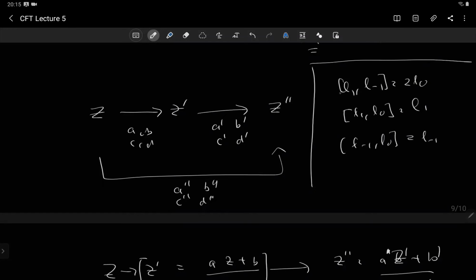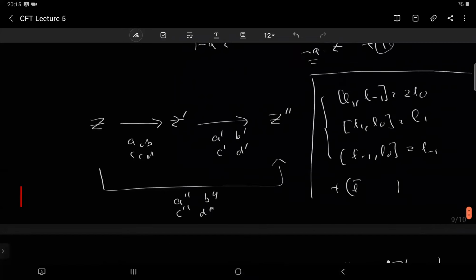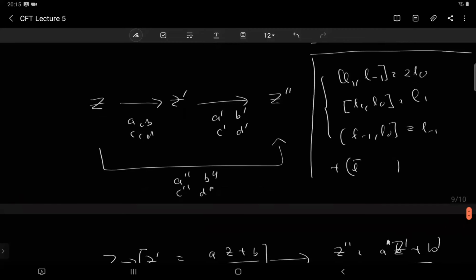You can show that this is the same algebra as the SO(3, 1) algebra, plus the L bar. You can show that these two algebras are isomorphic directly. You can relabel L1, L0 in such a way that it's the same as the SO(3, 1) algebra. The same algebra actually.